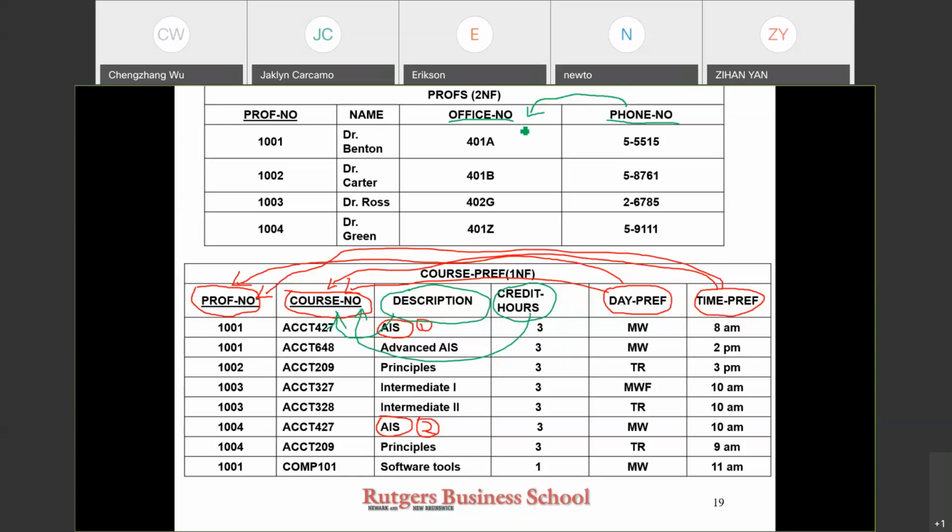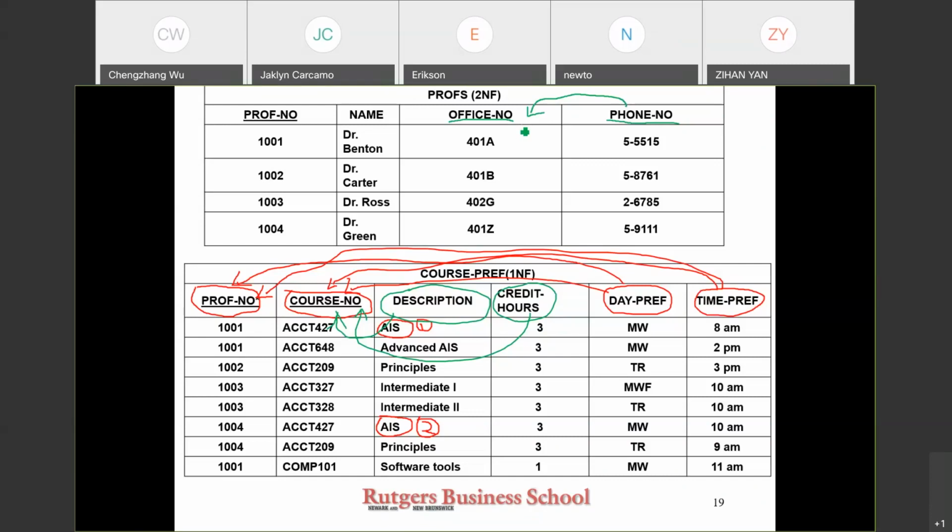It is not possible to add information about a new office and phone number until a professor is assigned to that office.